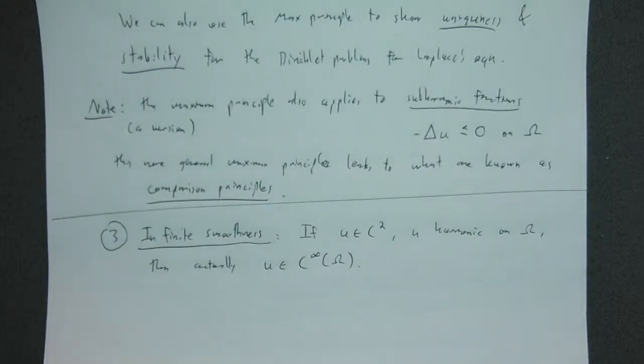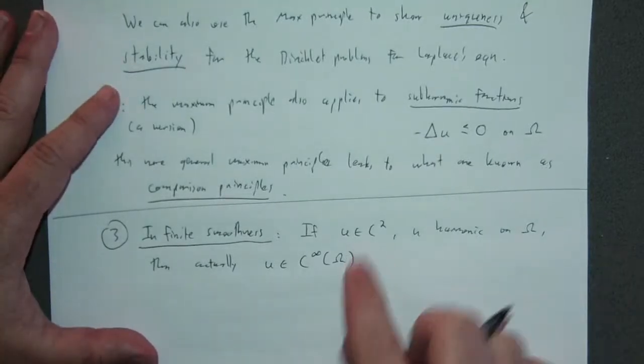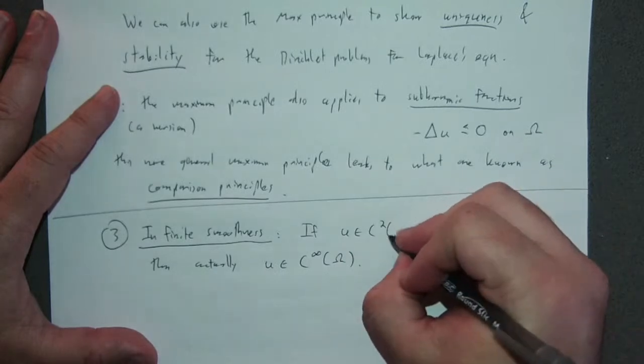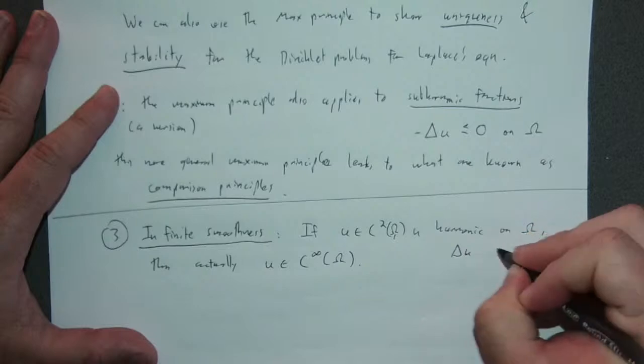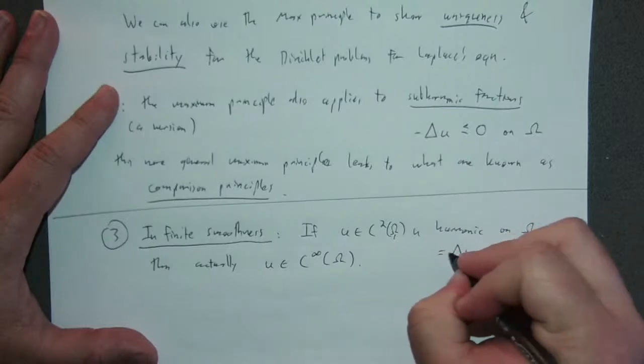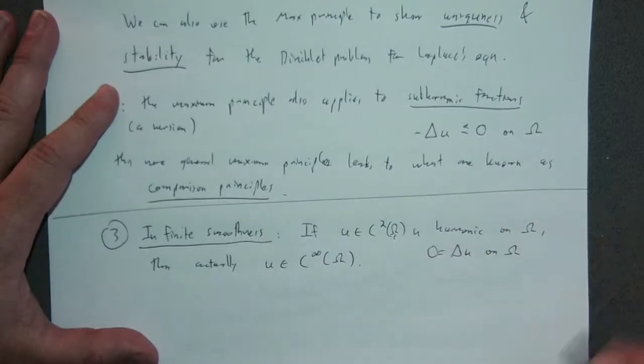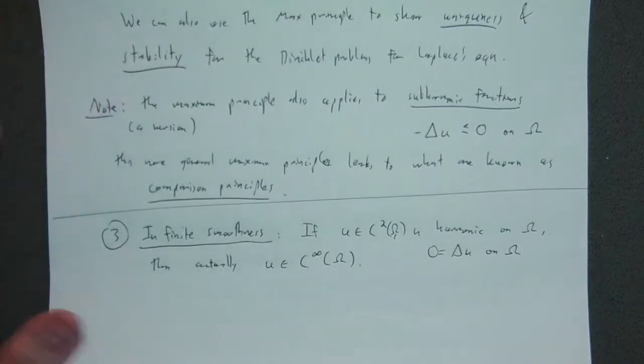Okay. So if u is C2 on omega, and if u is harmonic on omega, meaning its Laplacian is 0 on omega, then actually it's C infinity.